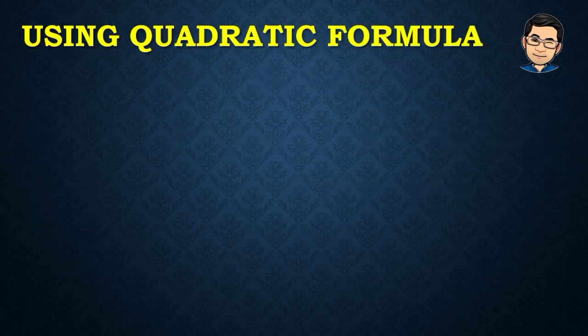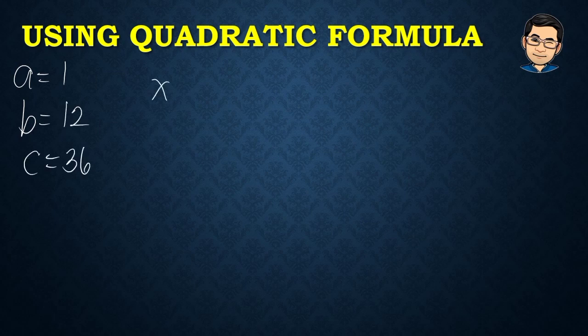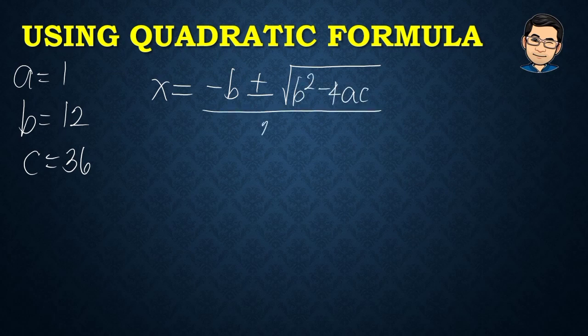Parehong-pareho. Okay. So, using quadratic formula, kukunin natin yung mga roots ng given equation. Again, yung value ng A natin, 1, B is 12, and then C is 36. So, the formula is x is equal to negative b, positive, negative, the square root of b squared minus 4ac all over 2a.